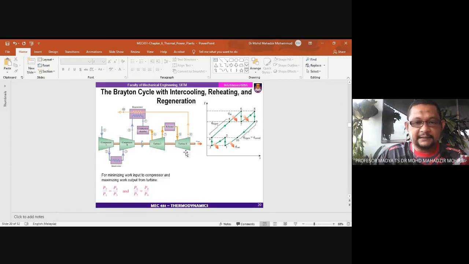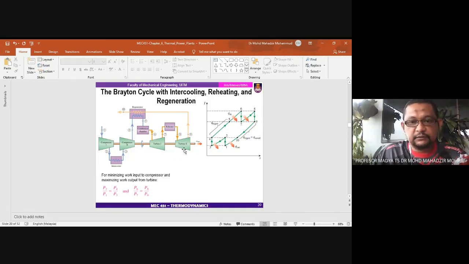It is the same as the compressor and intercooler: when you put in a reheater, the turbine must be designed as a multi-stage turbine. Turbine number one is also known as the high pressure turbine.